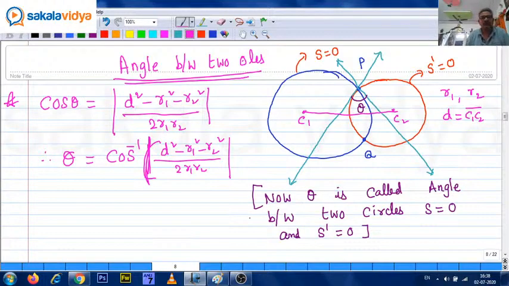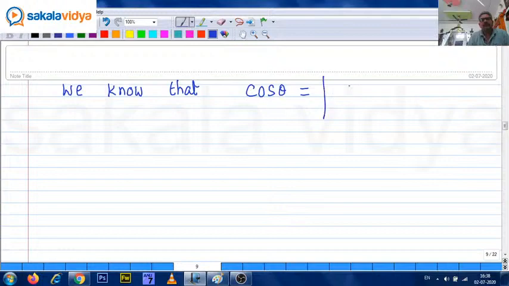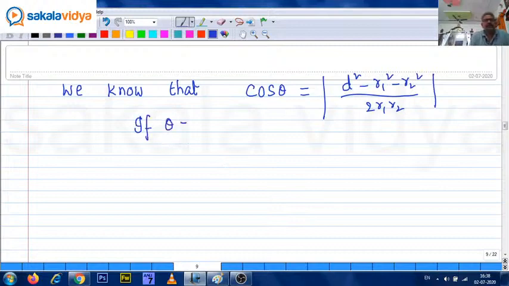Okay, now we know that cos theta is equal to modulus of D square minus R1 square minus R2 square upon 2 R1 R2. Suppose theta is equal to 90 degrees, what happens?